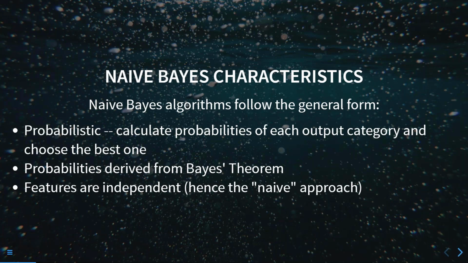So we calculate the probability that this thing belongs in this category, and we try it for each of those categories, and we find out which one has the highest probability and say, you belong there. These probabilities are derived from a calculation known as Bayes' theorem, and we'll talk about that in a little bit. The features are considered independent.